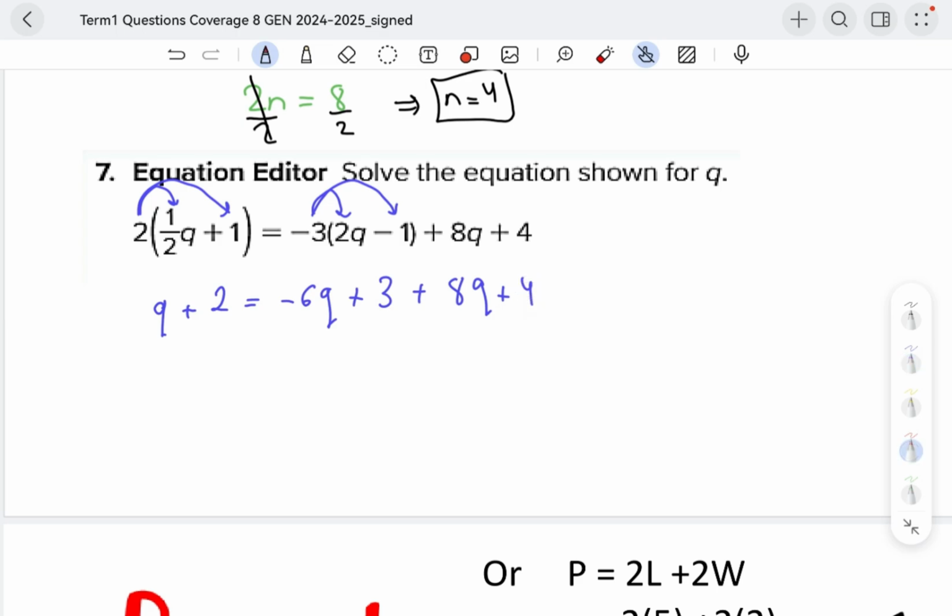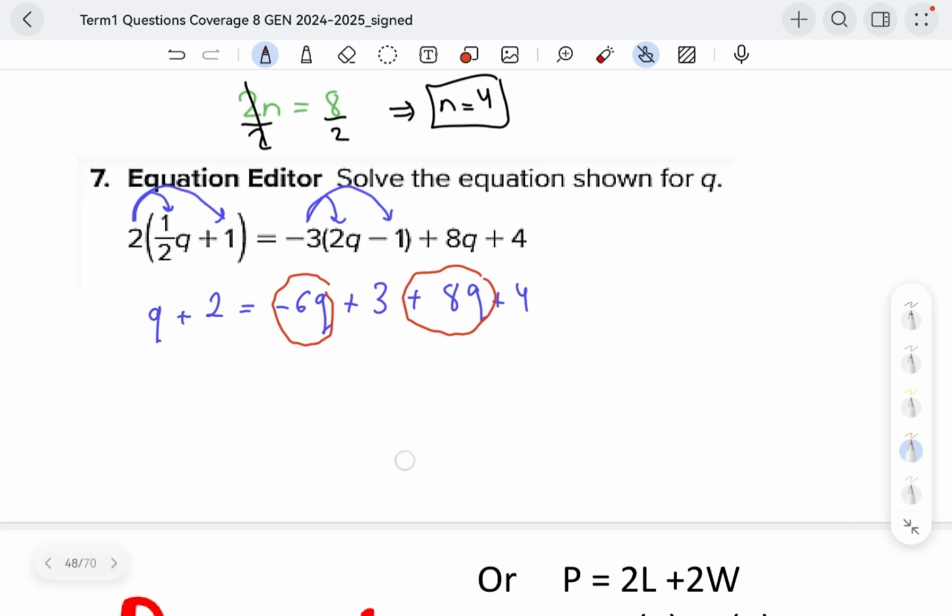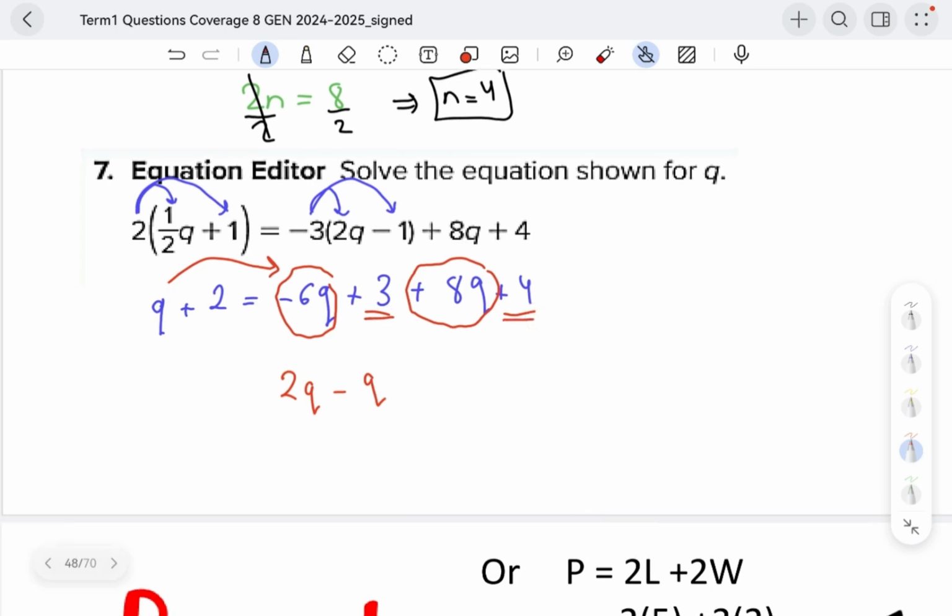Move the variable, or you can simplify first, by the way. So here we have negative 6 plus 8. This gives us positive 2, and I will move this q to the right side, so we're going to have a negative q. So we're going to have 2q minus 1q. Also the constant, if we simplify them together, positive 3, positive 4, this is equal to positive 7.